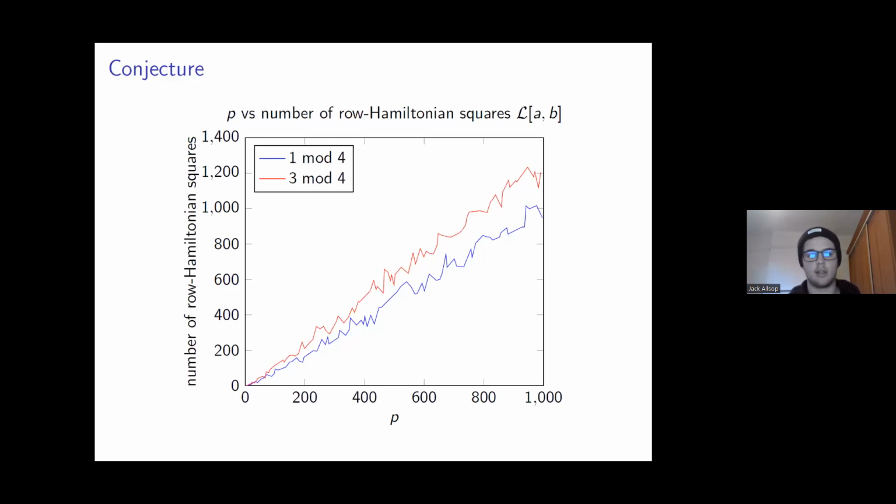But either way, the growth seems to be linear. And so ideally, we'd like to show, using Beck's theorem, that the number of these Row-Hamiltonian Latin squares grows linearly with P.